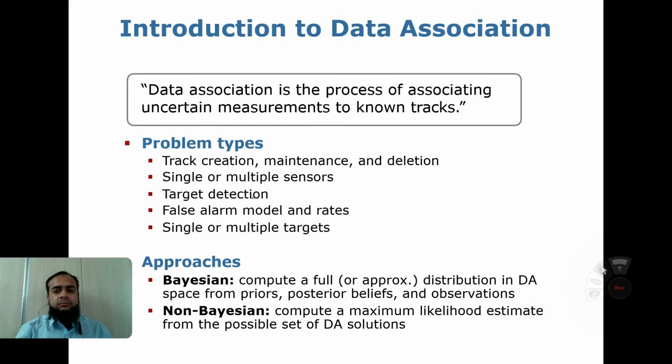We will study target detection, false alarm rates and single emitter targets, and first we should understand the problems in data association. Then we will try to apply the Kalman filter to solve the data association problem. Okay, see you, bye.